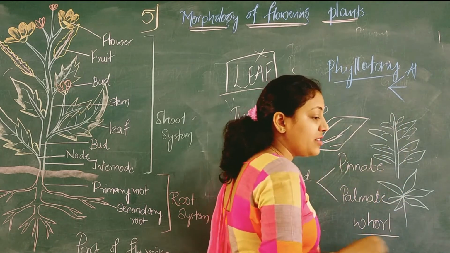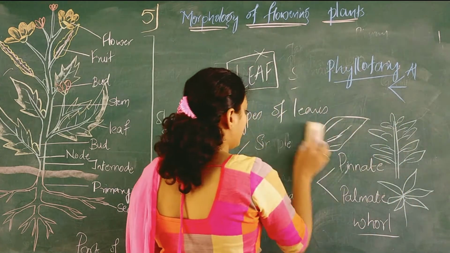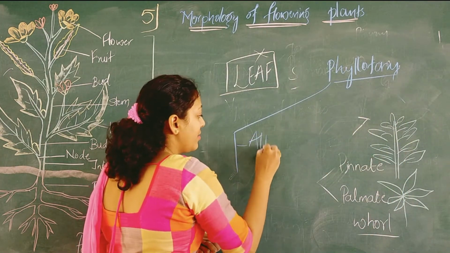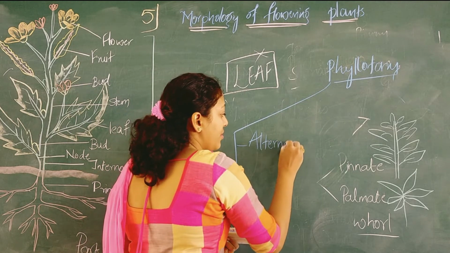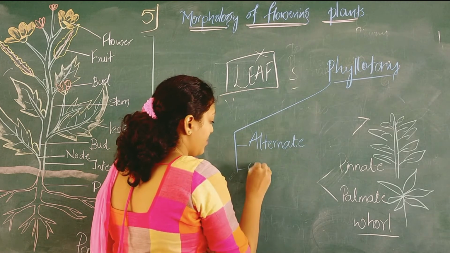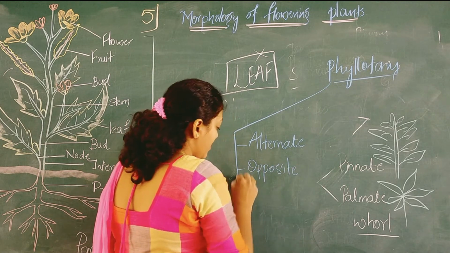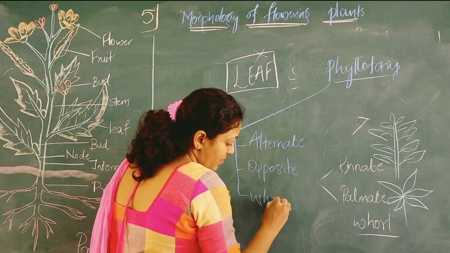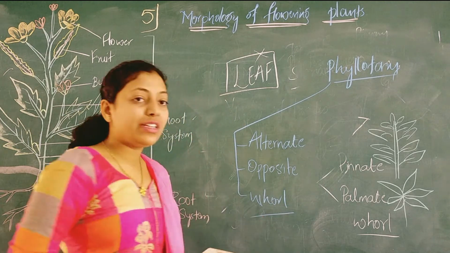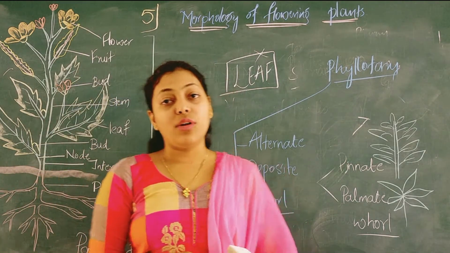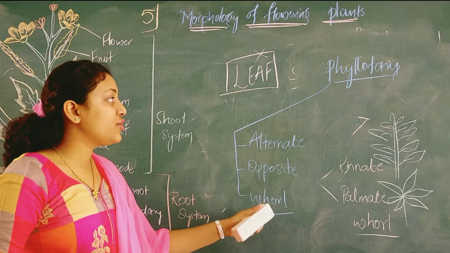One is alternate, opposite and whole. We get three different types of arrangement.